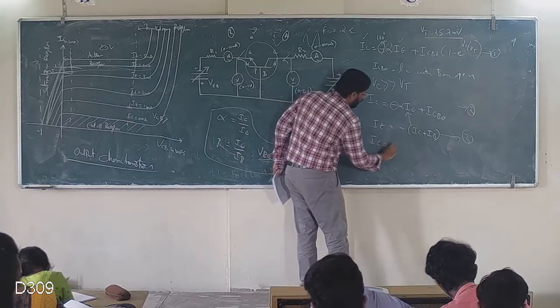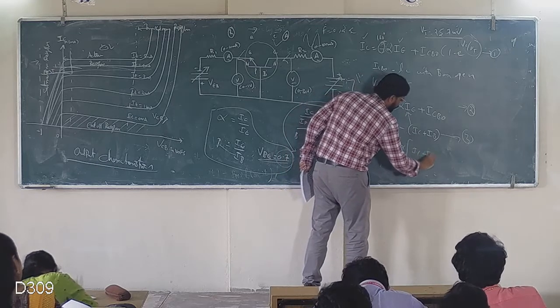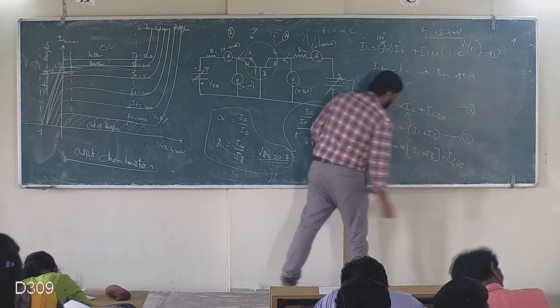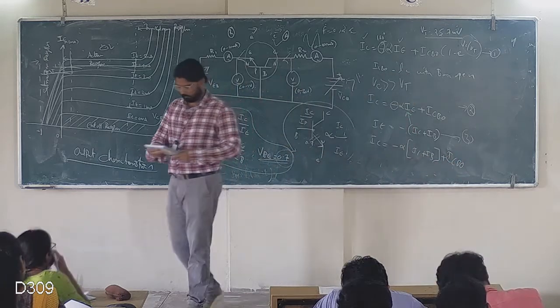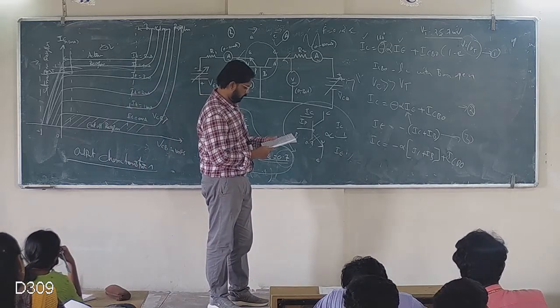IC is equal to minus alpha open bracket IC plus IB close bracket plus ICBO.